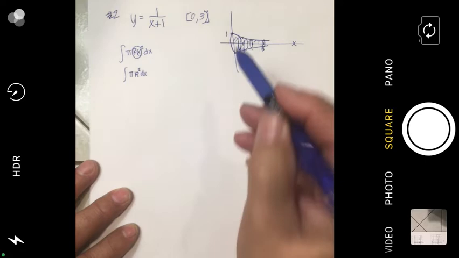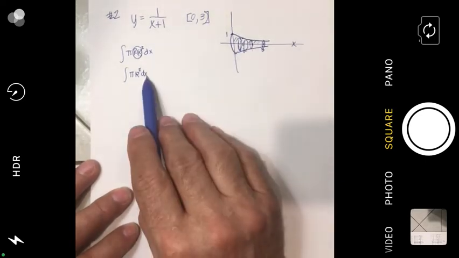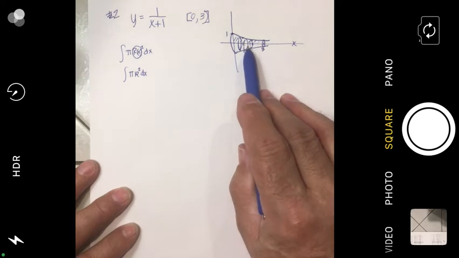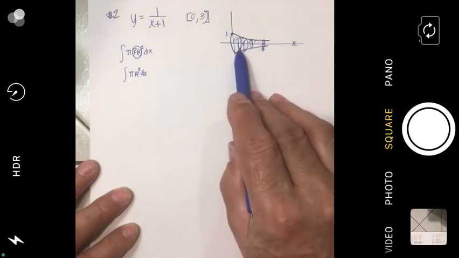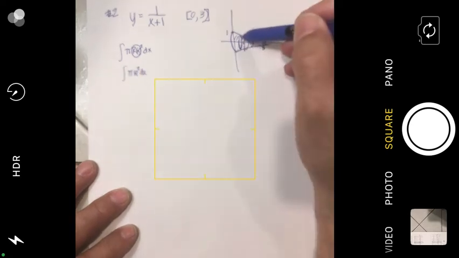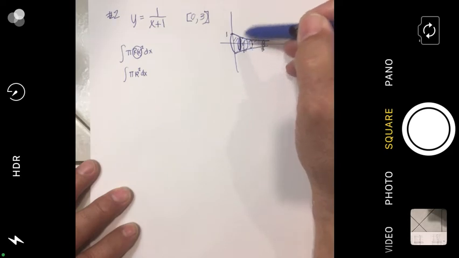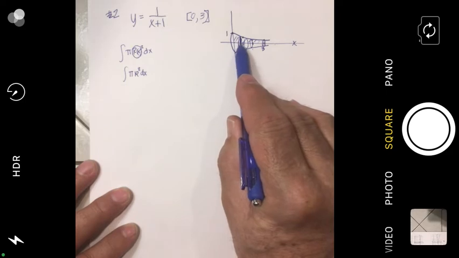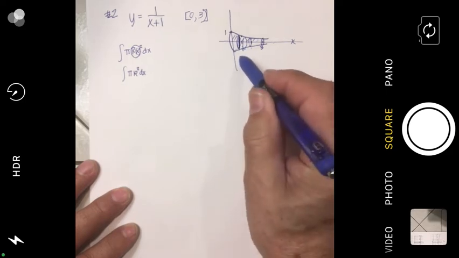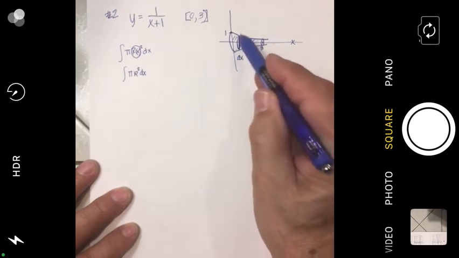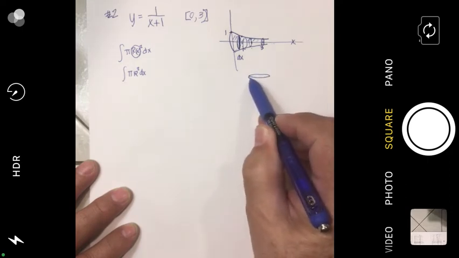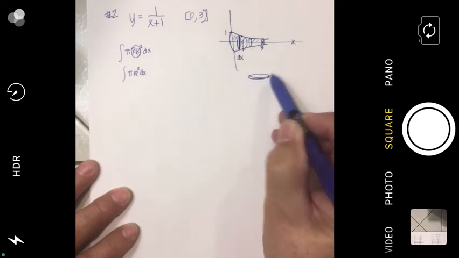dx is the thickness of these slices, because we're slicing it this way, perpendicular to the axis. So the thickness of that slice is going to be a dx. That slice will be like a coin, if you will, a disc like that.